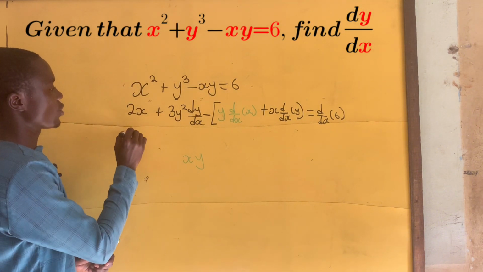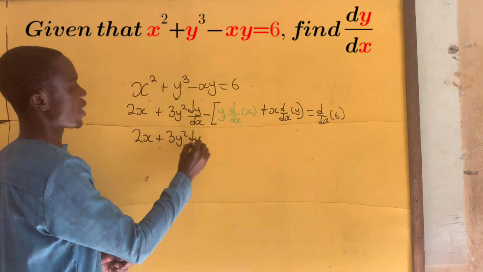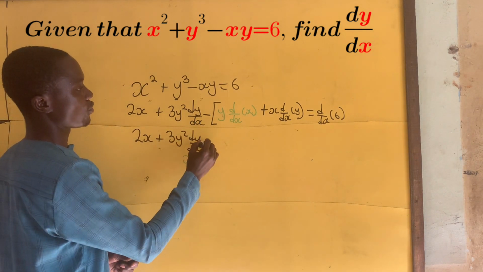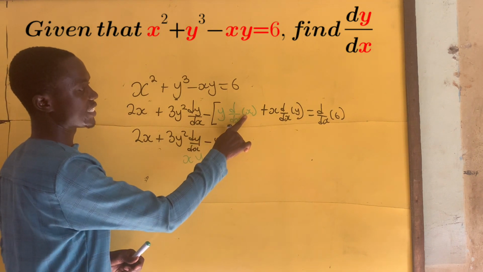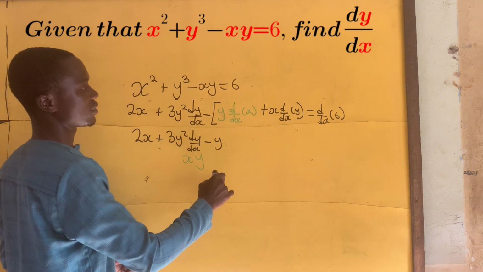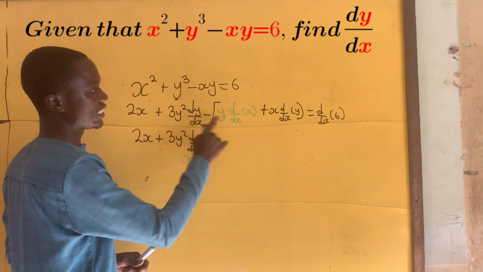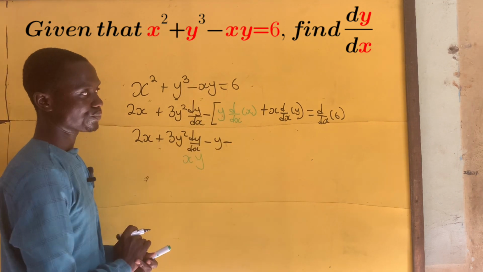So here, I'm going to get 2x plus 3y squared dy/dx minus y. If you differentiate x with respect to x, you get 1 times y is y. Then this minus will multiply the answer. Negative times positive will give us negative.